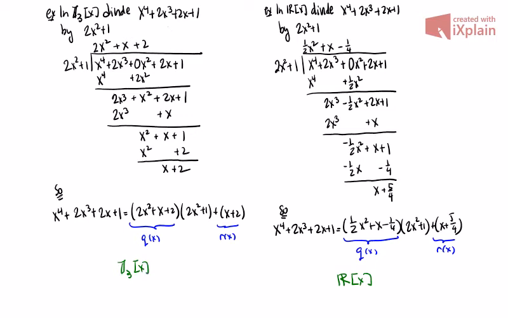But the key point here is that having a field guarantees that the coefficient exists that we need. So it's only when you have a field that this is guaranteed. It may work in other cases, but there's no guarantee at all.